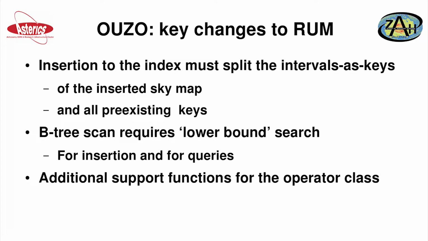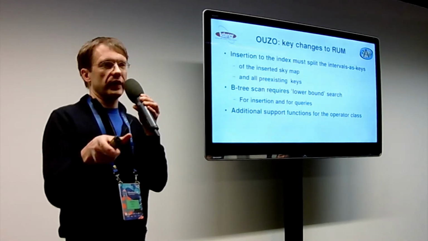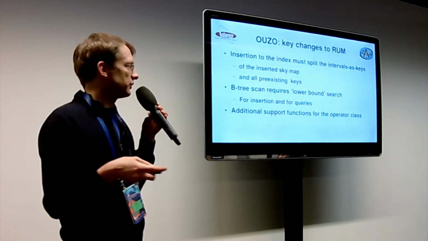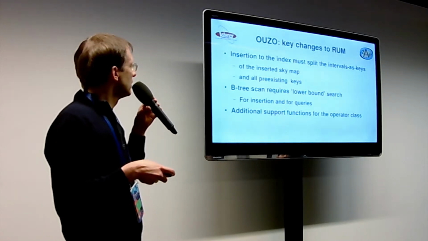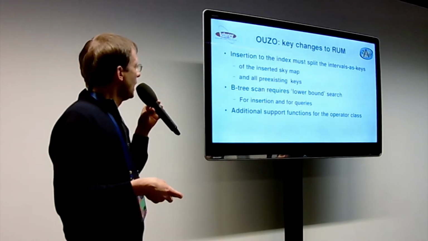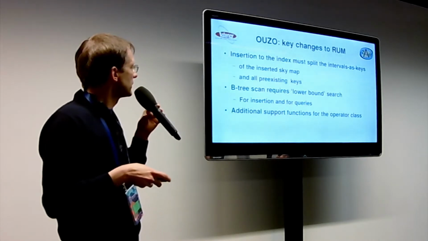So this means that if you add a sky map to a column that is indexed by this indexing method, it's not just an insertion of one element, but some of the intervals will have to be modified and others will have to be added. I will explain this in detail on the next slide.